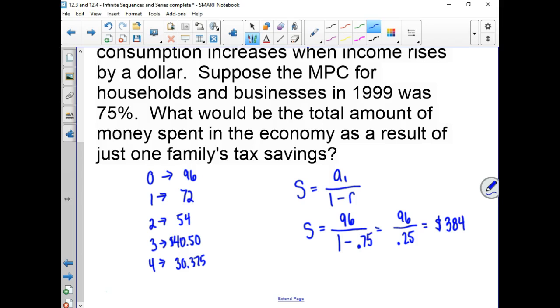So whenever you hear on the news that Donald Trump is claiming that his tax cuts can pay for themselves, this is the idea: by giving people more money, they spend that money. And when they spend that money, those people spend that money, and it puts more money into the economy.